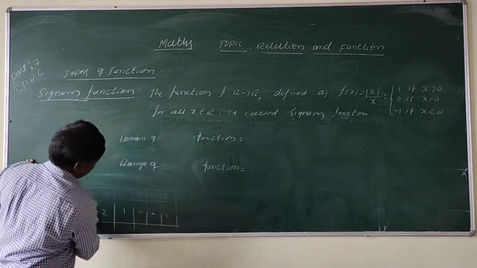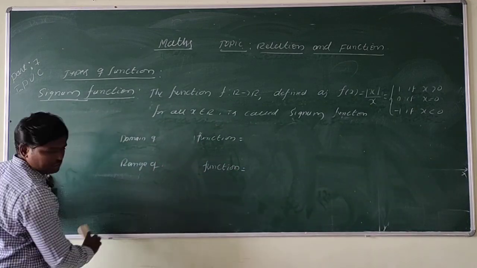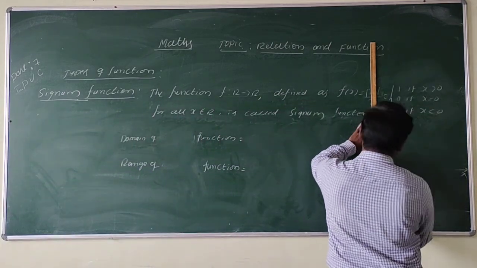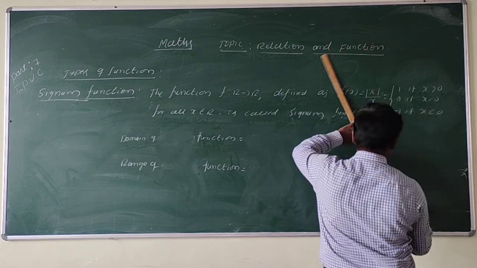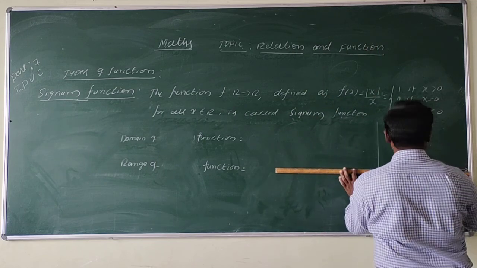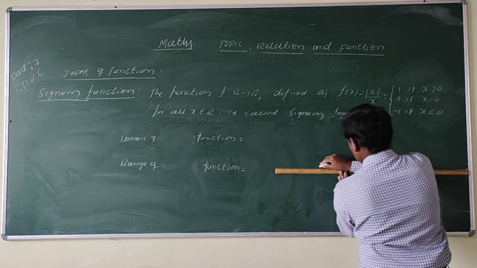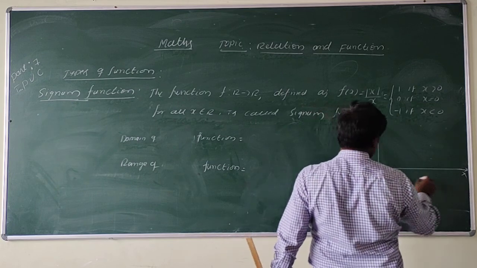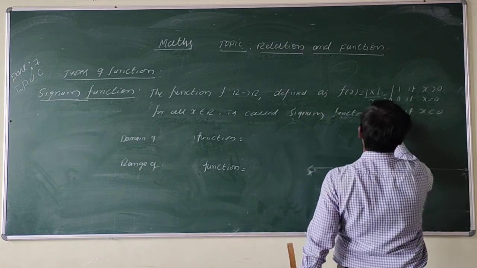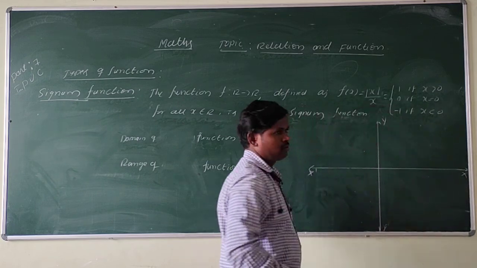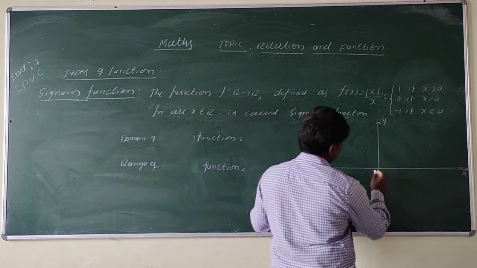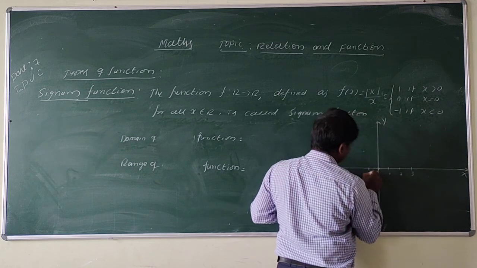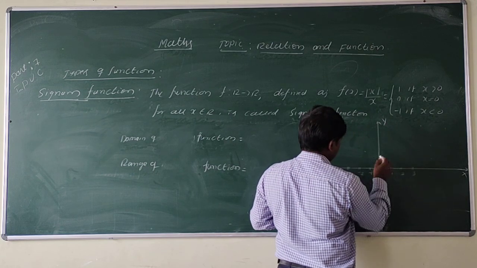So see here, observe carefully. Domain and graph. X dash, x, y, y dash. I am taking some values: 0, 1, 2, 3, and minus 1, minus 2, minus 3.